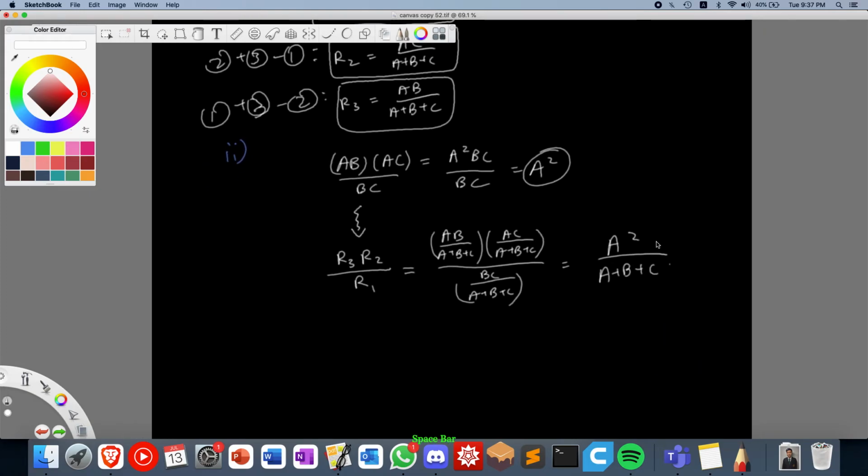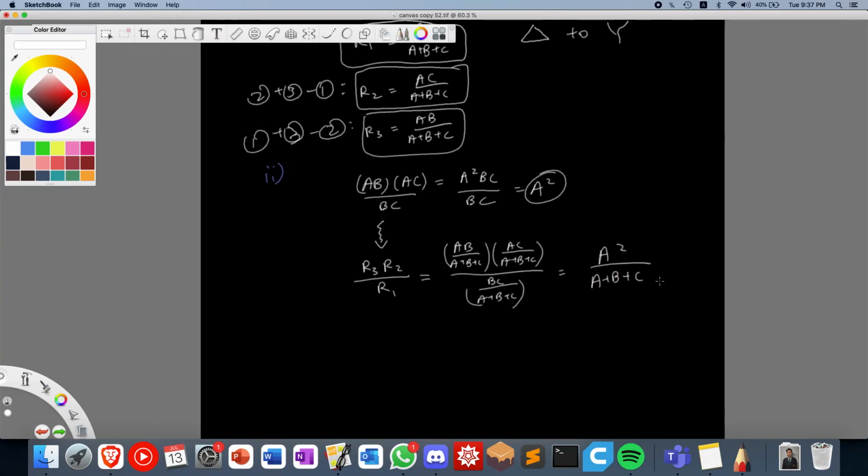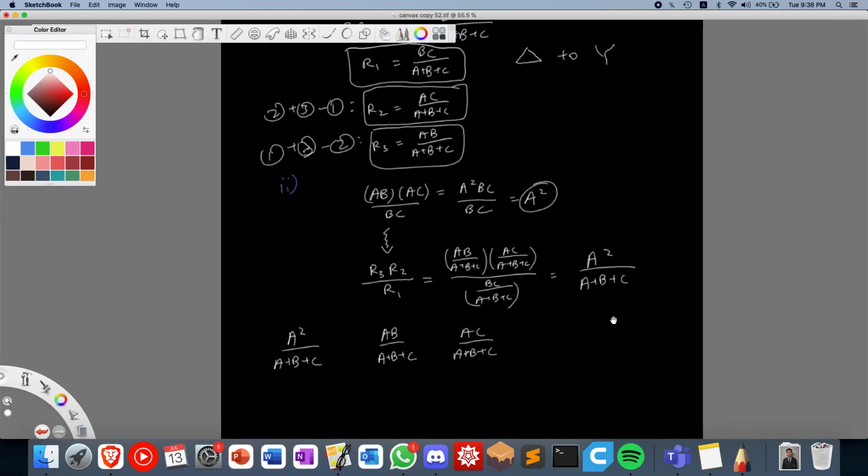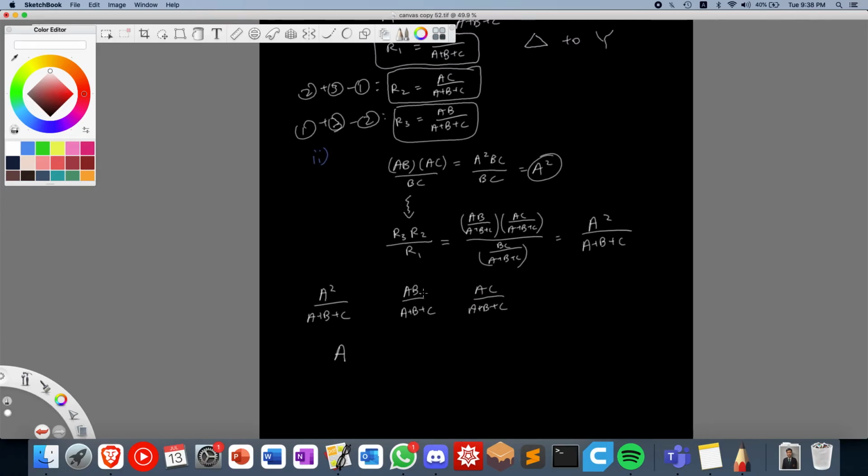It's a bit annoying, but it's alright, because we have A squared over A plus B plus C, as well as stuff like AB over A plus B plus C, and we also have AC over A plus B plus C. So the key is that if you want to find A alone, and in the numerator we only have products of two factors, then to cancel a denominator, we can multiply the upper and lower by A plus B plus C. You realize that this is exactly the first three terms here added up.